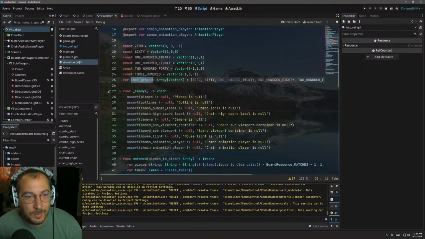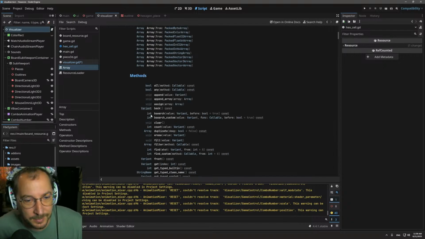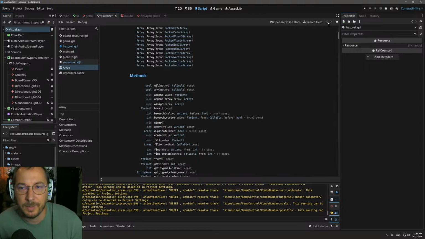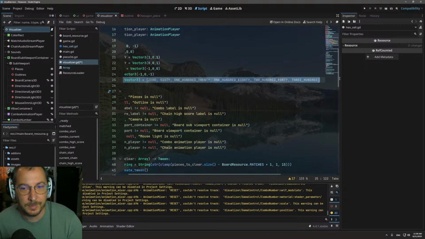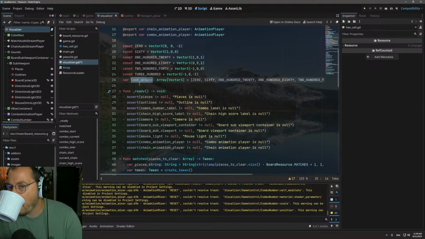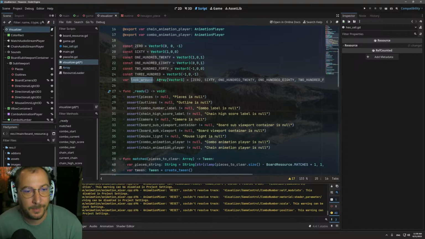Is it cheaper to... This is the kind of thing you would need to run a test on. Is it cheaper to build a copy of an array or just new an array with the exact thing? One does not know.